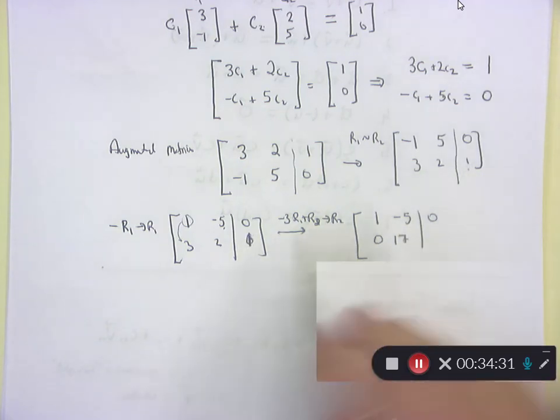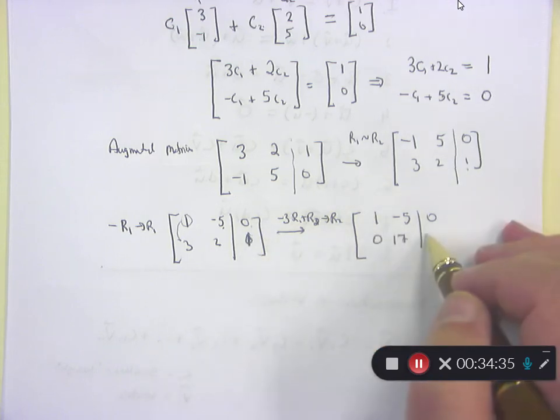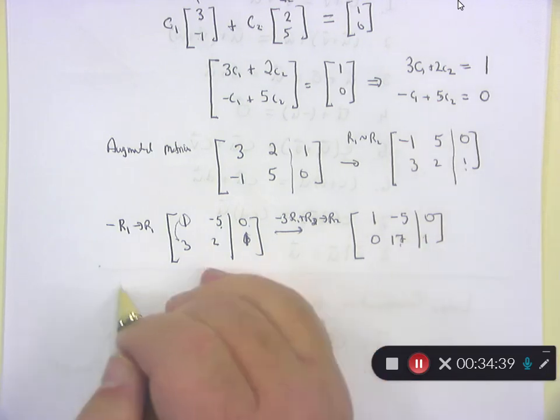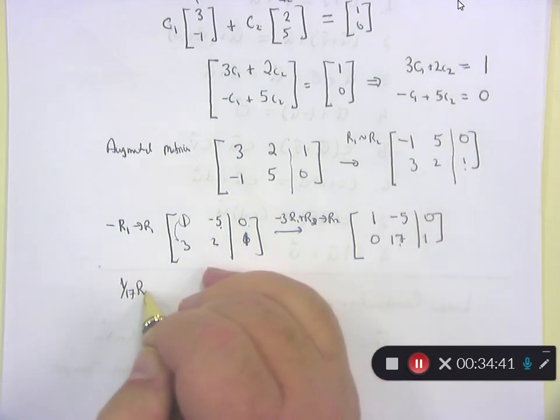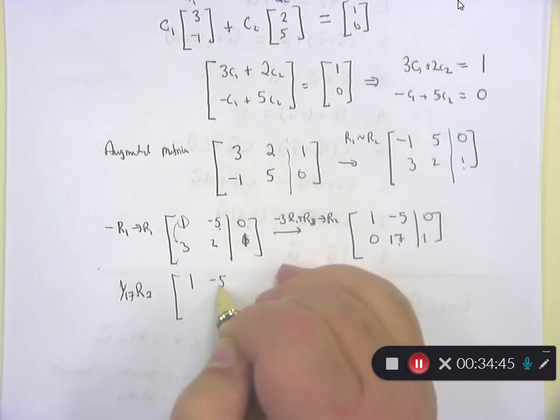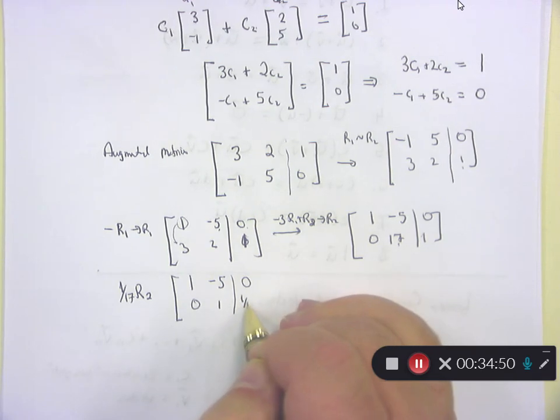Now 0 times -3 is 0, plus 1 is 1. Then I'm going to make this a pivot by multiplying by 1/17 times row 2, replacing row 2. That gives me 1, -5, augment 0, 0, 1, 1/17.